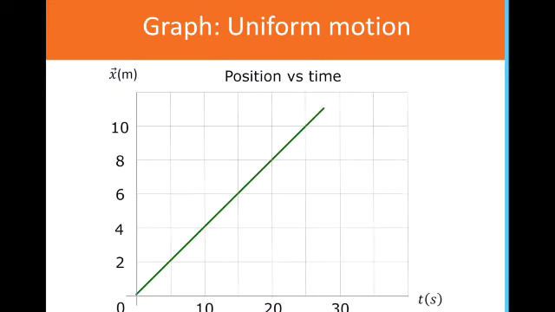Alright, so this is a graph of uniform motion. Now, how do we know that this is uniform motion? So what do we have on the graph? We have the position on the y-axis, so this is position versus time, the position vector, and that's in meters. And on the x-axis, we have the time in seconds.